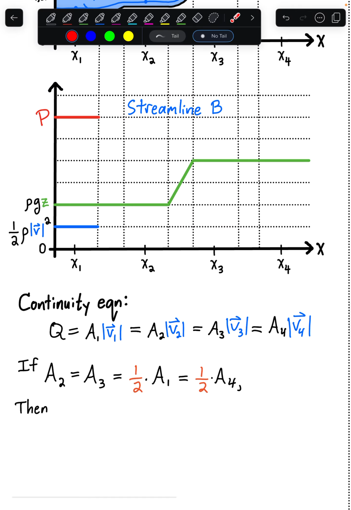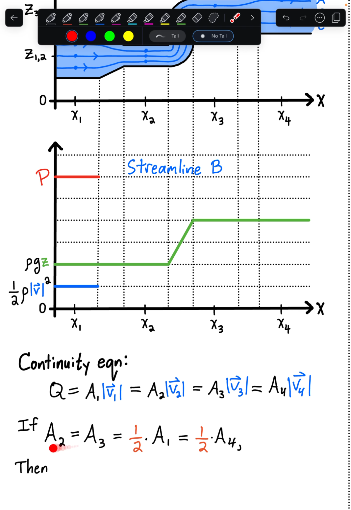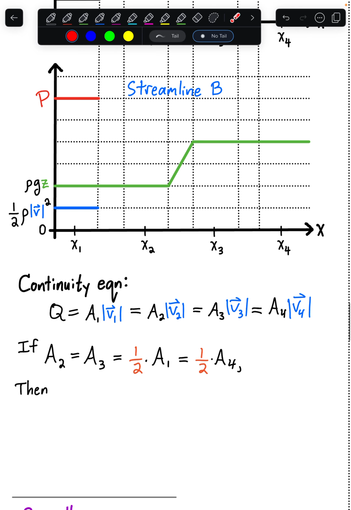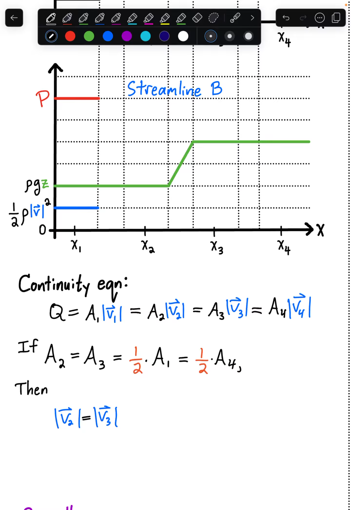To figure out how much kinetic energy we gain or lose, that's going to depend on how much the area changes by. So let's suppose that the cross-sectional areas at 2 and 3 in the middle, where it's narrow, are half the size of the cross-sectional areas at 1 and 4, where it's wide. In that case, the speeds at 2 and 3, which we know are the same, are going to have to be double the speed at 1 and 4.